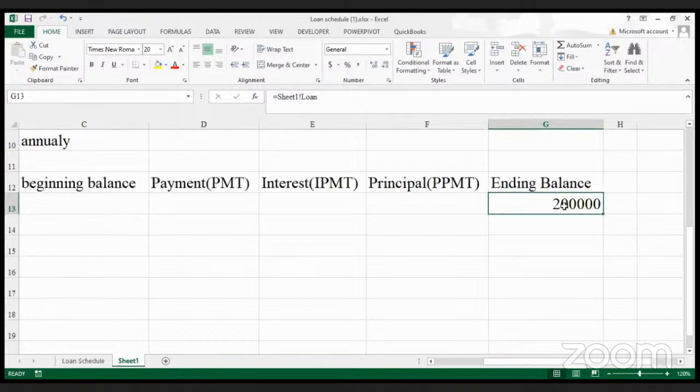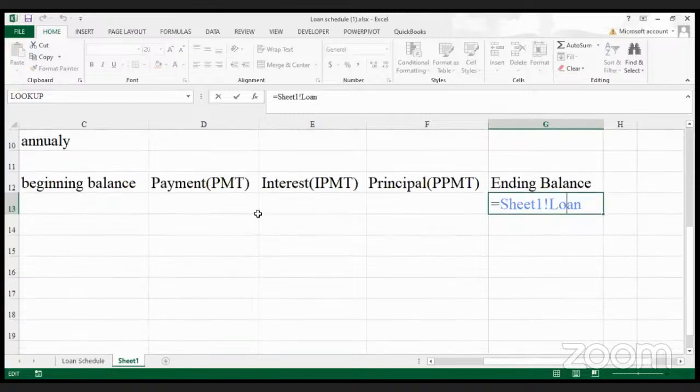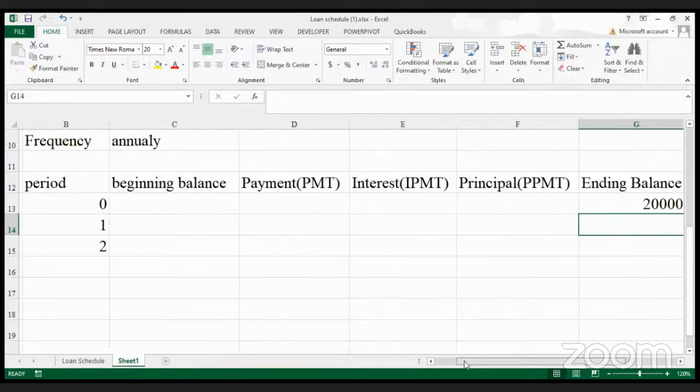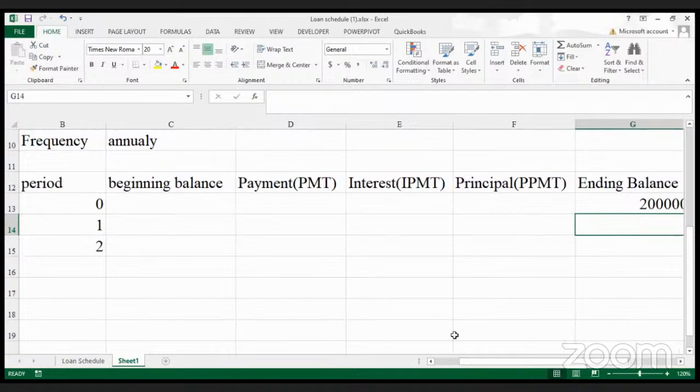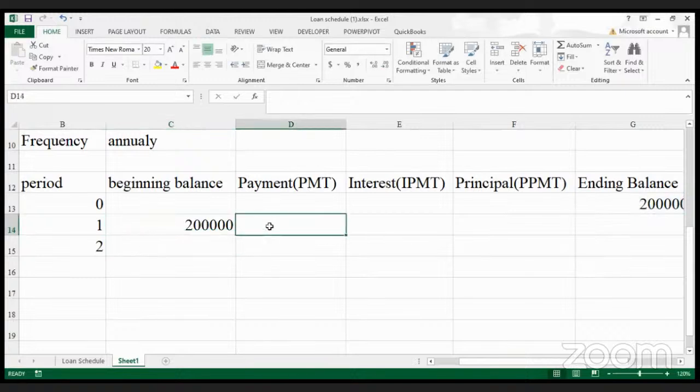If I try to edit it, you will see it highlighting the loan amount in the loan section. So that is what we have there. And that is the ending balance in period 0. What about period 1? In period 1, beginning balance is the ending balance of that one there. That is what we have.